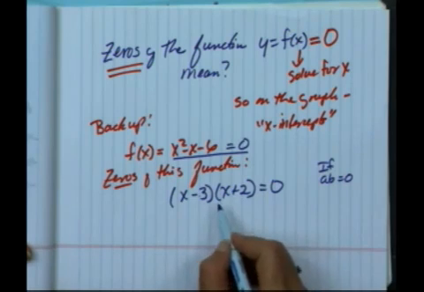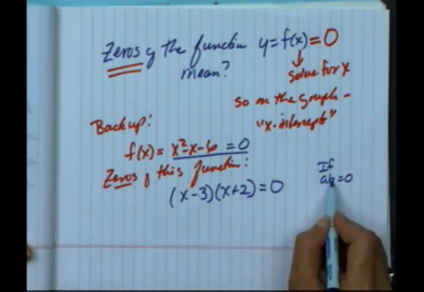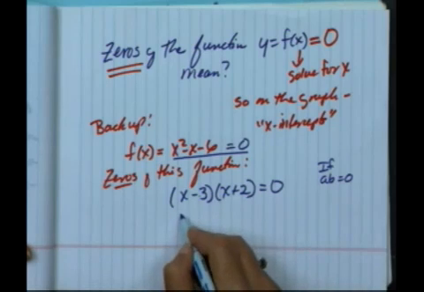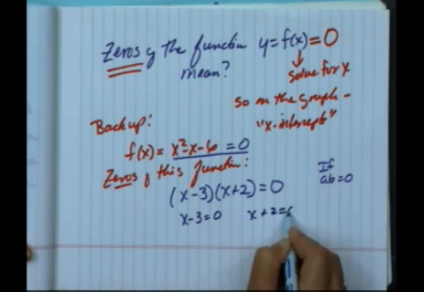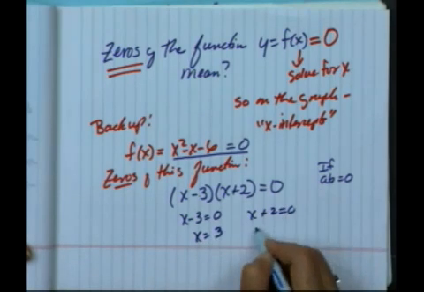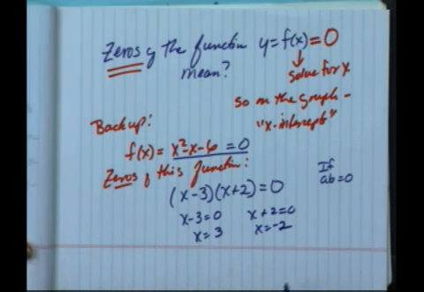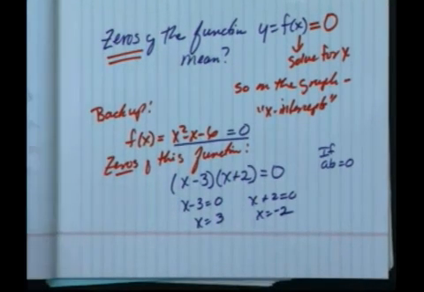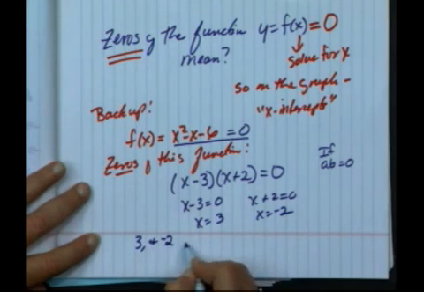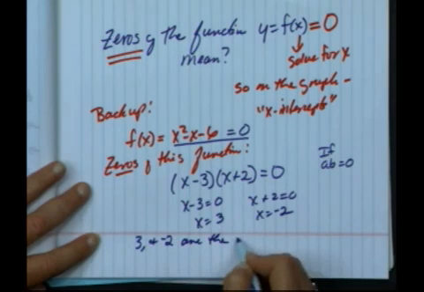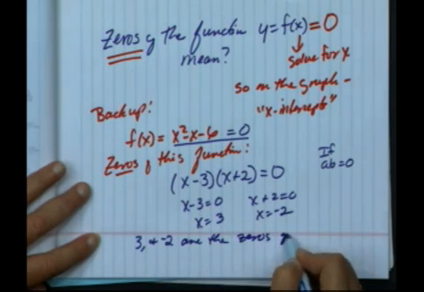When you have two factors multiplied together, you set each factor equal to 0 and solve. So in our example, we've basically been saying 3 and negative 2 are the x-intercepts, but we can say 3 and negative 2 are the zeros of the function.